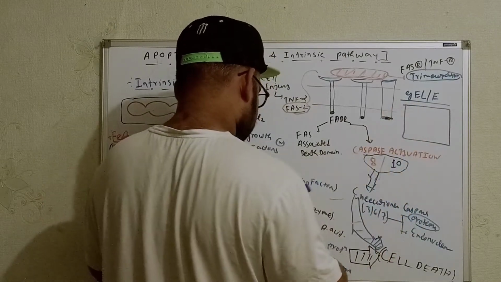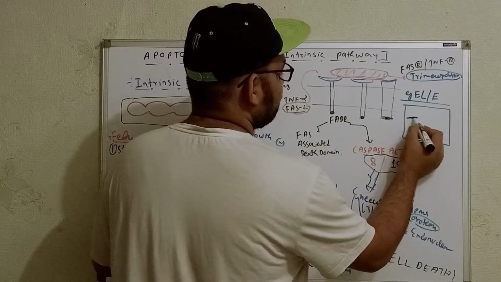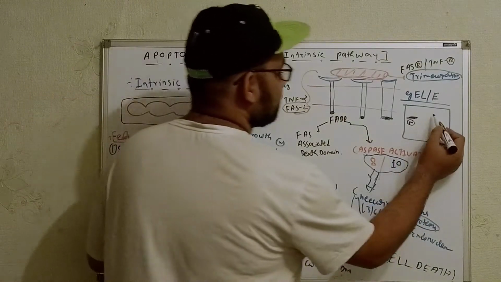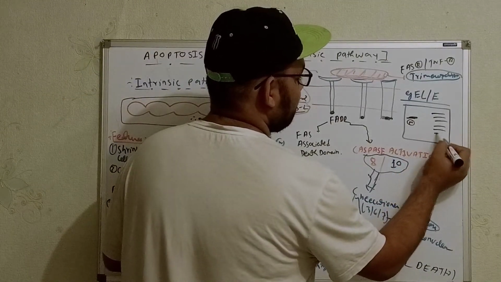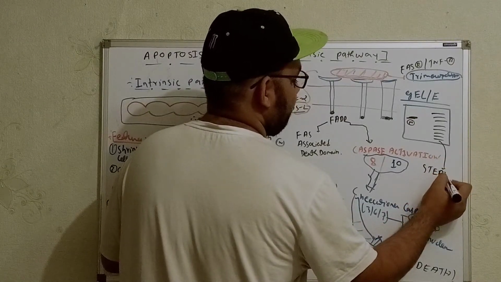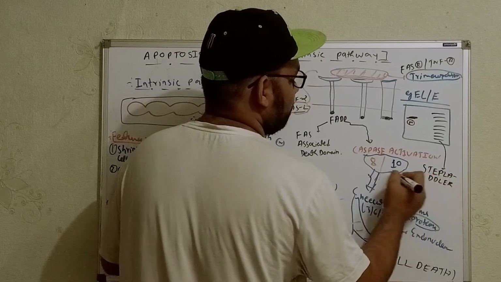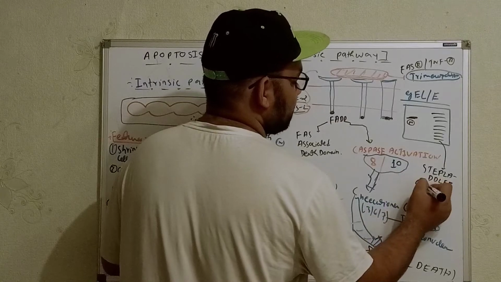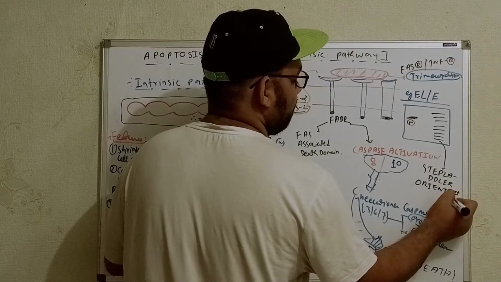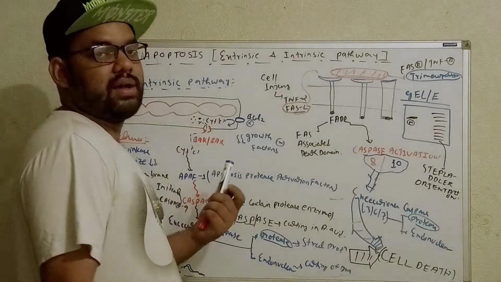Under normal circumstances, there will be a normal band, just like this. But whenever we see apoptosis of the cells, there will be a step ladder fashion. This is known as step ladder orientation.